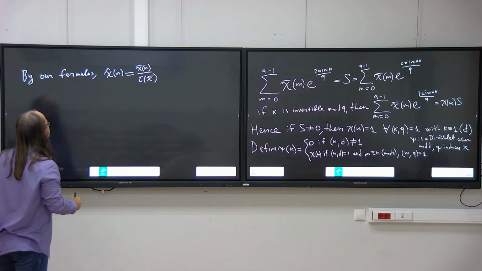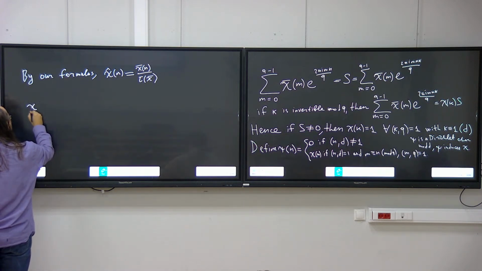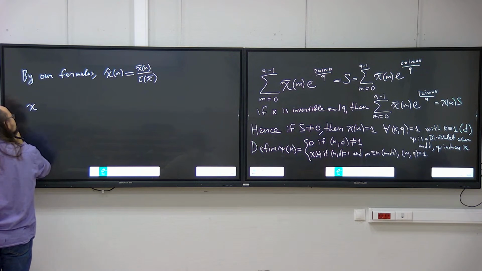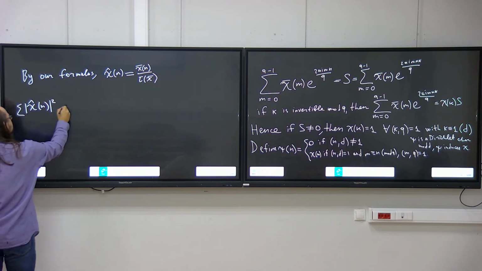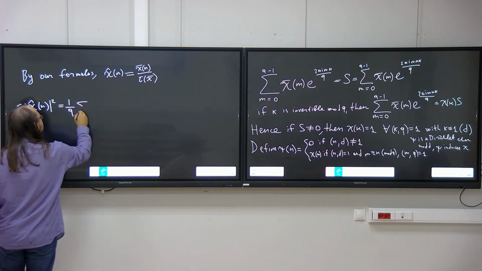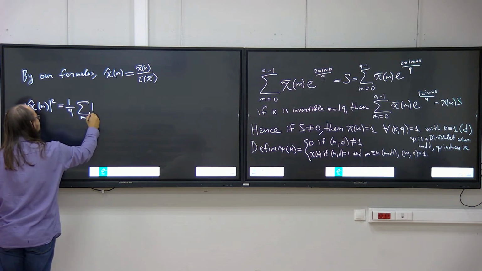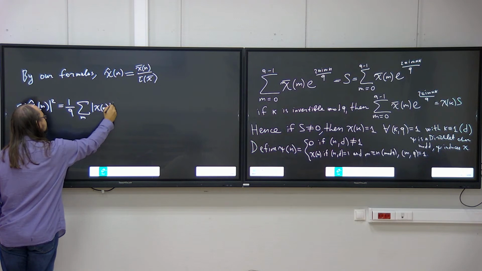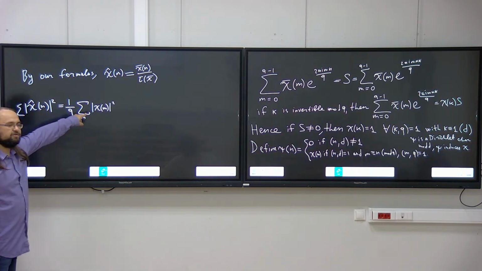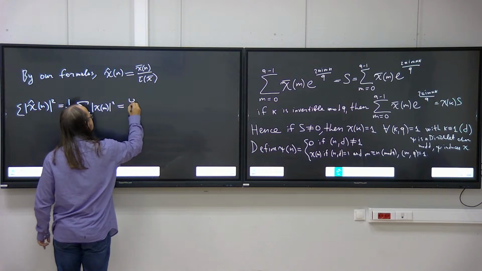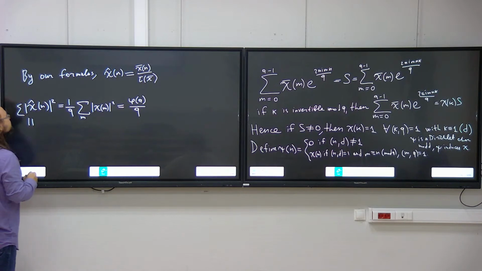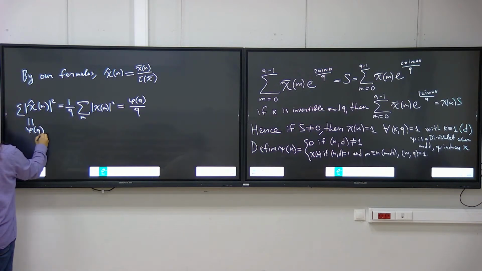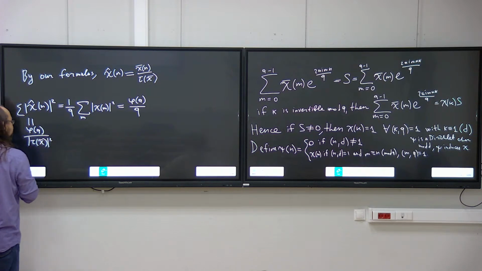And by the Plancherel formula, we know that the absolute value squared of chi bar of n is equal to 1 over q sum over all m of the absolute value of chi of m squared. This sum is equal to phi of q, so this is phi of q divided by q. And this sum is equal to phi of q divided by the absolute value of tau of chi bar squared.